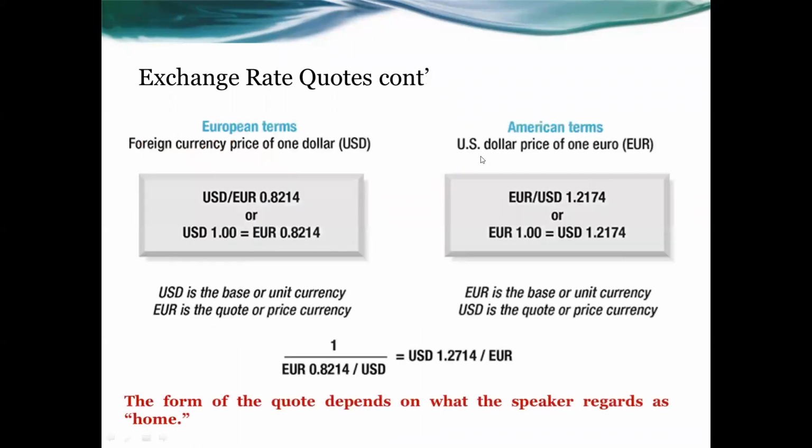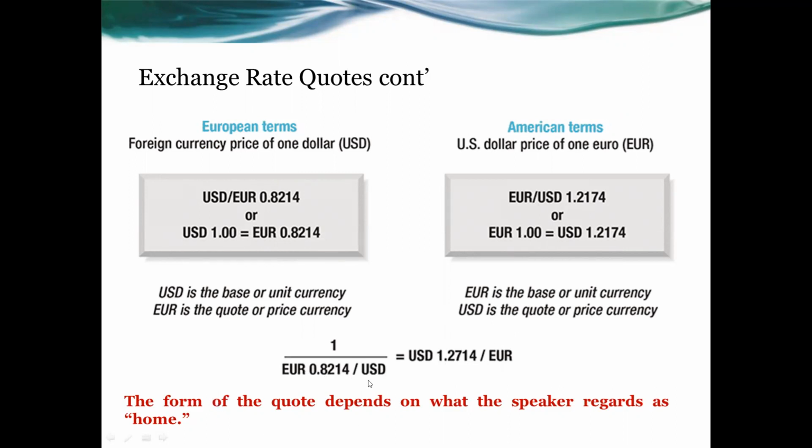Now, you also can see the American terms and European terms. So don't write like that, but that is for the example. You can see euro term: euro 1 equals US dollar 1.2714, or US dollar 1 equals euro 0.8214.